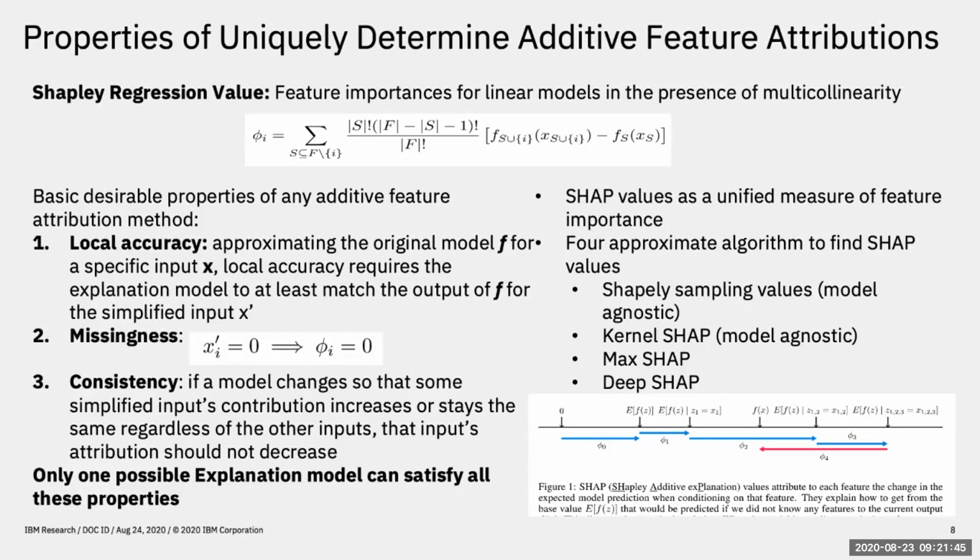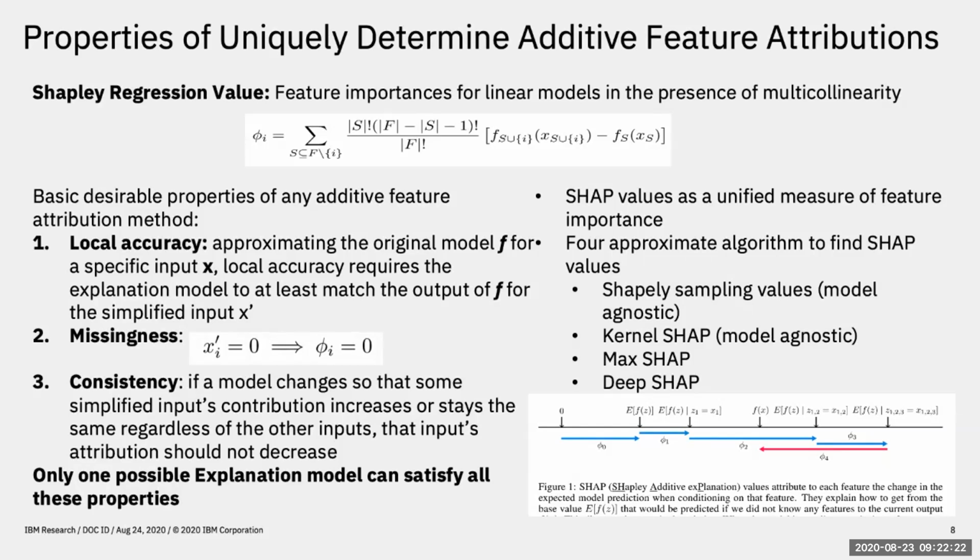Basically all it is trying to say is that given a local sample x, the model f behaves similarly for the simplified input x prime, at least within the local neighborhood of the original sample x. And the second property is missingness. All it says is that if the transformed simplified feature space x prime is 0, then the Shapley regression value phi should also be 0. And the third property is consistency.